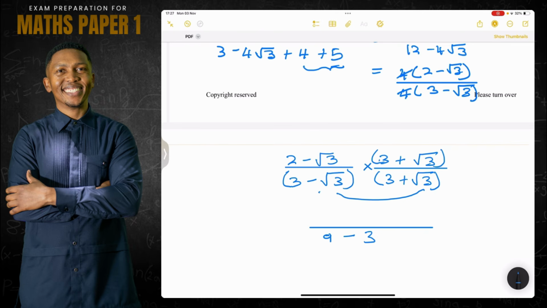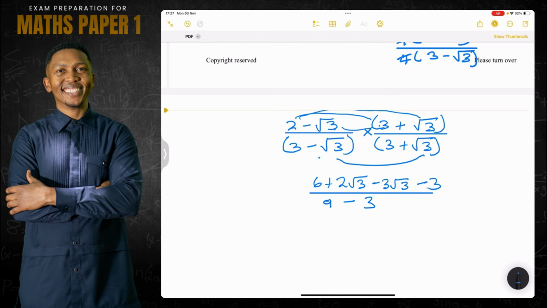And then at the numerator, you've got 2 times 3, which is 6, 2 times root 3, that will be 2 root 3. The inner, that's minus 3 root 3. And then finally, root 3 times root 3, that will give us minus 3.